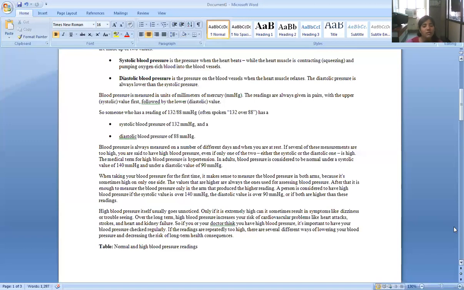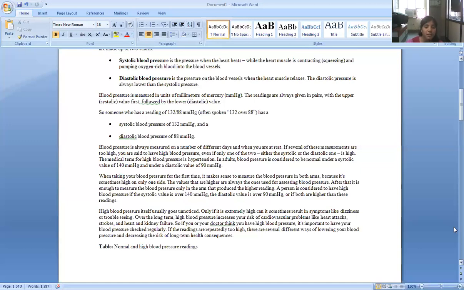Over the long term, high blood pressure increases your risk of cardiovascular problems like heart attack, stroke, and heart and kidney failure. So if you or your doctor think you have high blood pressure, it's very important to have your blood pressure checked regularly.